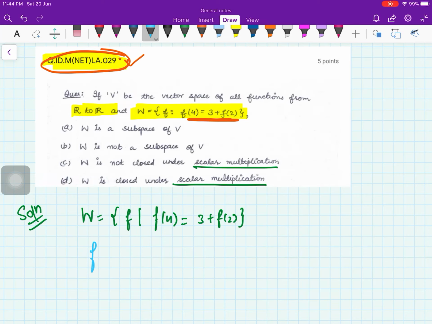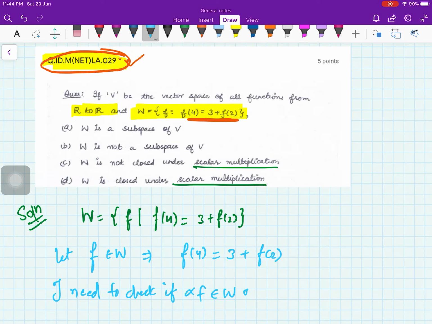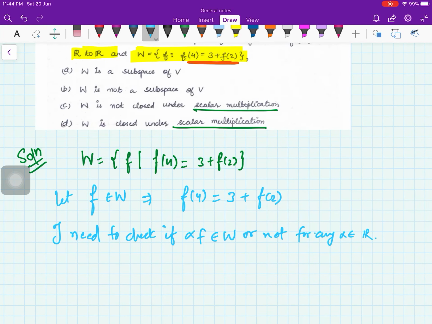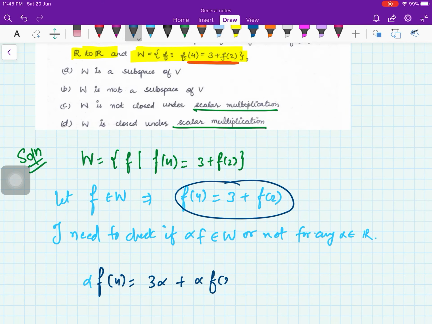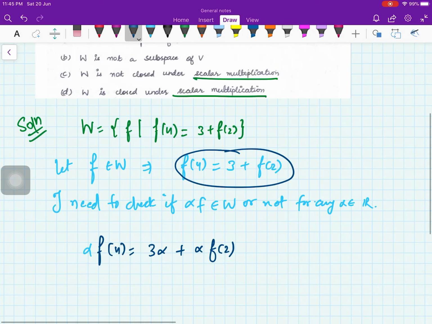Let f belong to W. It means that f(4) = 3 + f(2). Now I need to check if alpha f belongs to W or not for any alpha in your field. Here we are talking about the real field. If you multiply this equation with alpha, you get alpha f(4) = 3 alpha + alpha f(2).